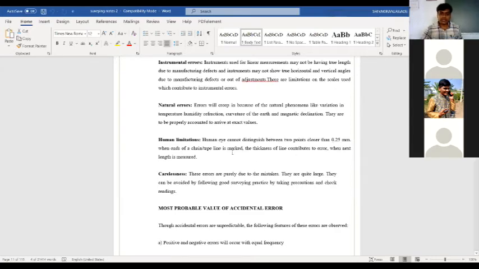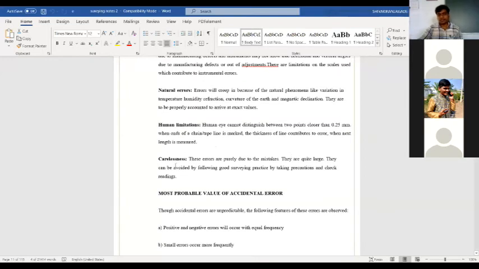So with the human eye, whatever marking we do with the help of chain or tape, there we're going to have the error while doing the marking.